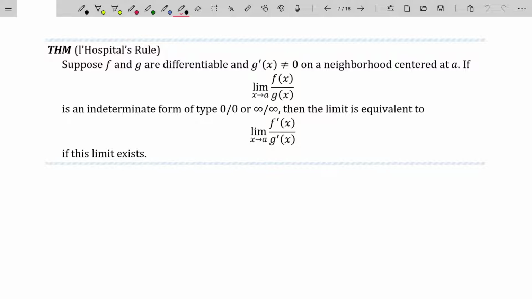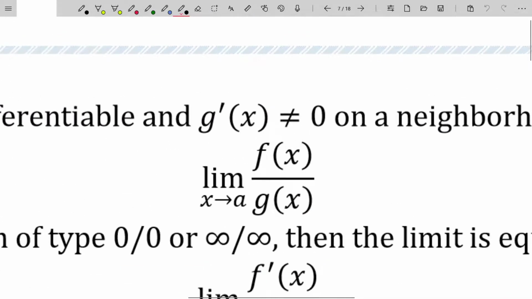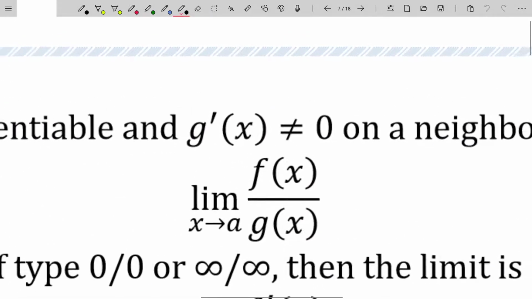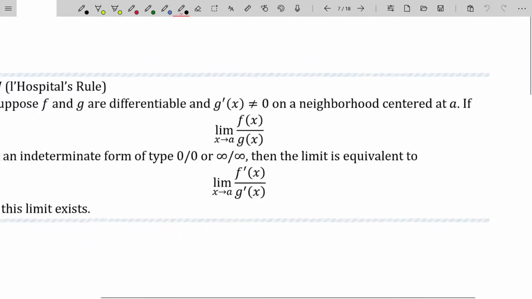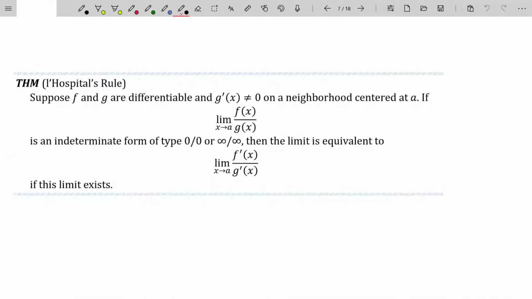Suppose you're given two functions that are both differentiable, because you need to take their derivatives. Also suppose that g prime is not identically equal to 0. In other words, when you take the derivative of g, hopefully it's non-zero. Suppose those functions are differentiable and that g prime is not 0 on a neighborhood centered at a.